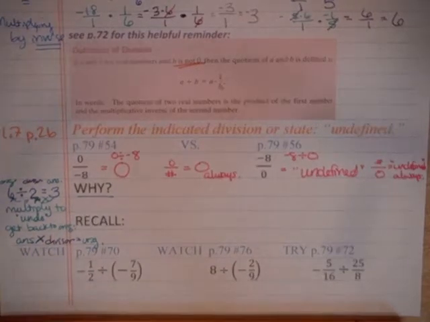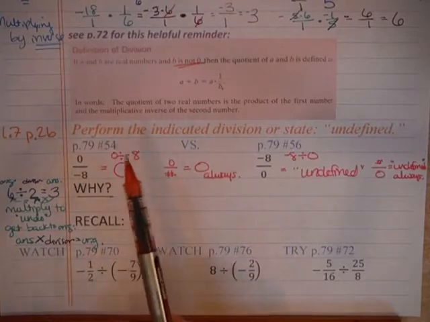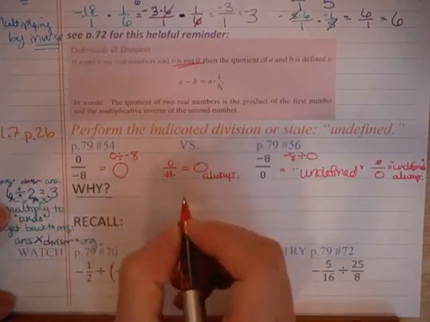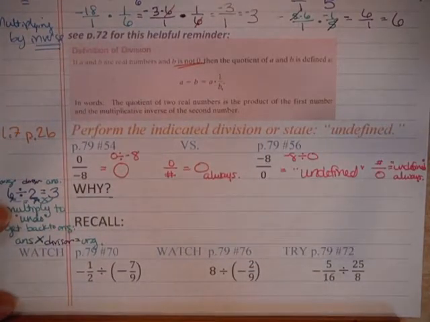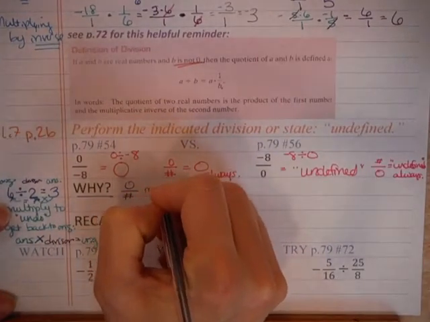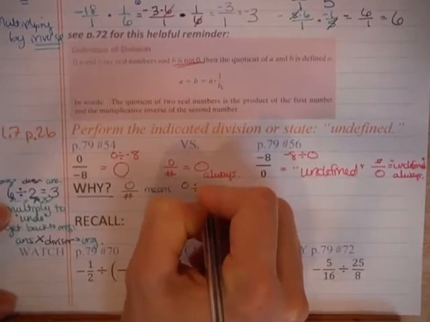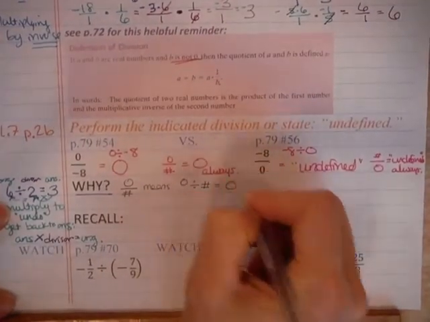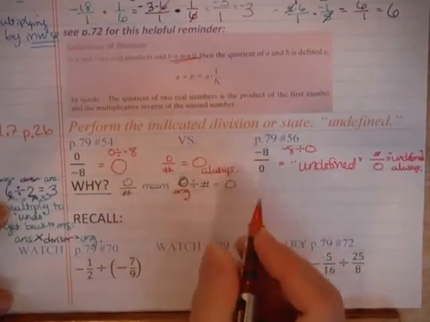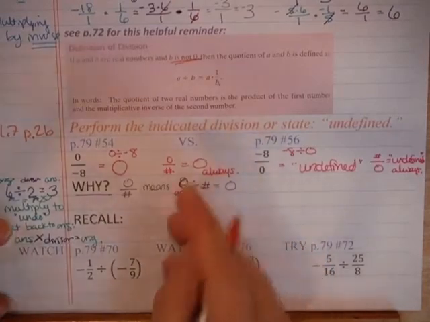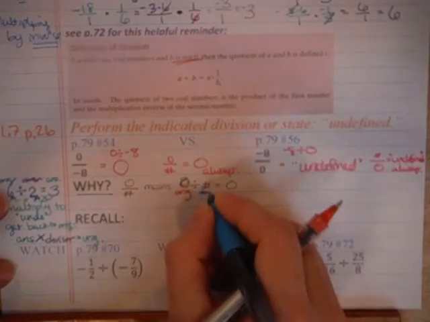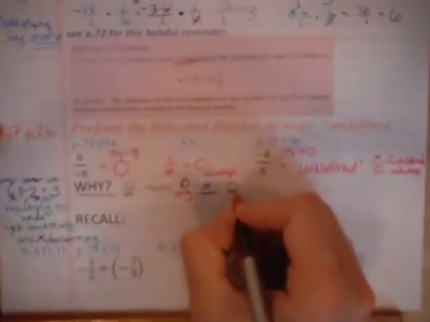Okay? So let's look at that in terms of 0 divided by any number. If we have 0 divided by any number, we're saying the answer is 0. So here is our original number, 0. Here's our divisor, which could be any number. And then here is our answer.